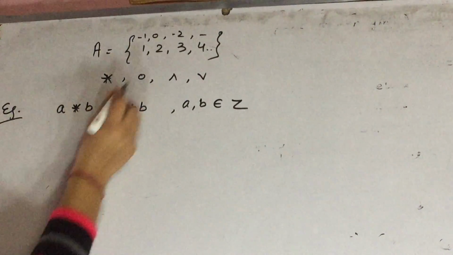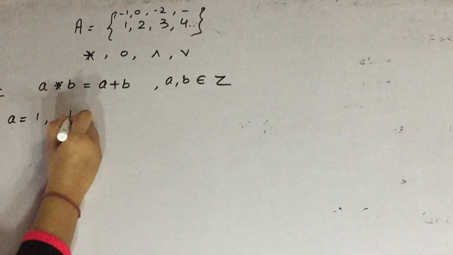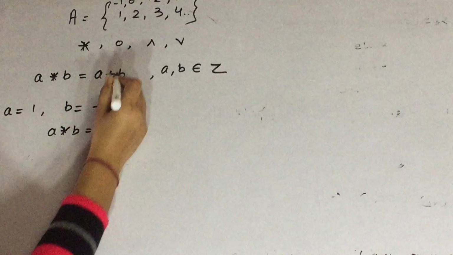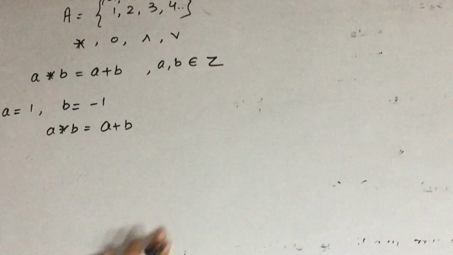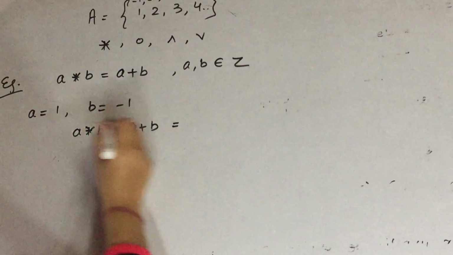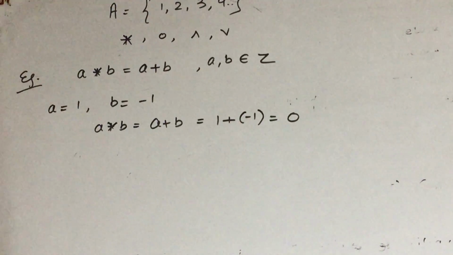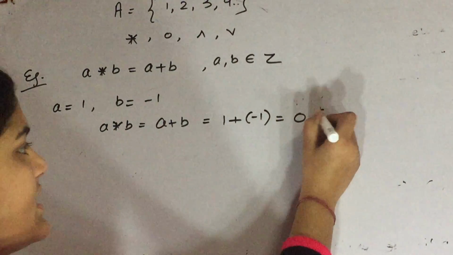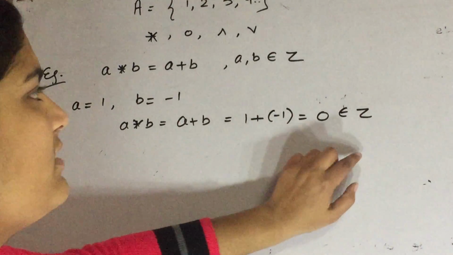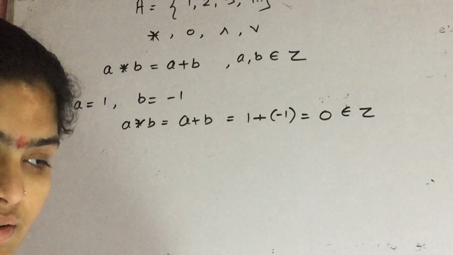If you take A as 1 and B as -1, then A star B, according to the operation assumed in the question, will be A plus B, which comes out to be 0, which is an integer. Because the result is an integer, which is the set we have taken from, it is a binary operation.